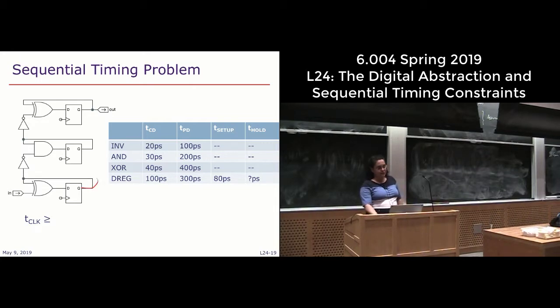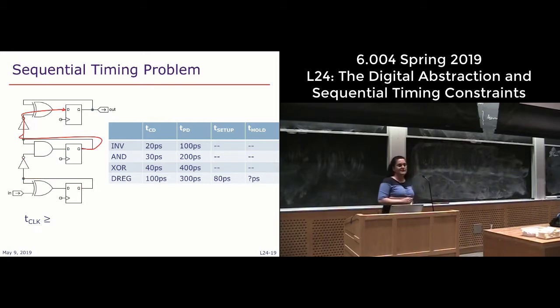So in this particular circuit, I have this one path to look at, and then this other path to look at. The difference between these two paths is that in this case I have an AND gate, and in this case I have an XOR gate. Since the XOR gate has a higher propagation delay, I care about this upper path.